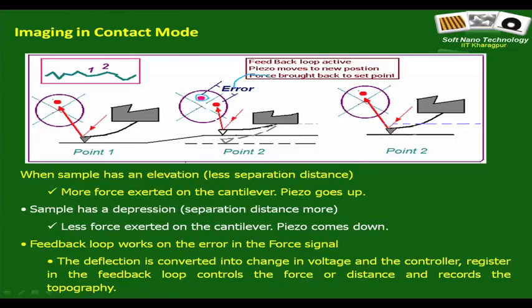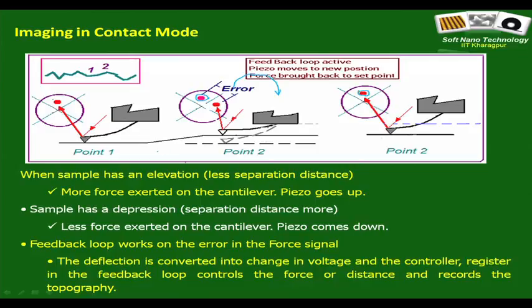This error is fed through the feedback loop to the piezo, and the piezo in fact becomes, in this particular case, short and wide, so that the deflection of the cantilever or the force of the cantilever reduces, and the reflected light again falls back at the location of the set point.